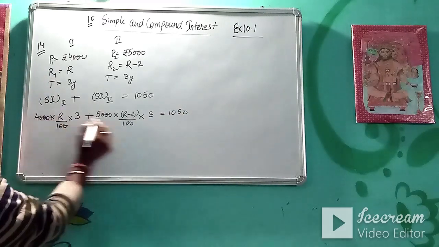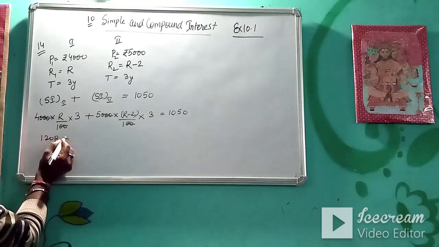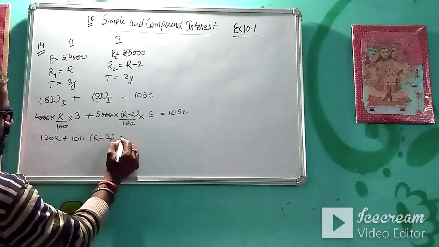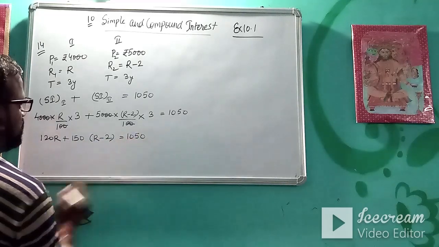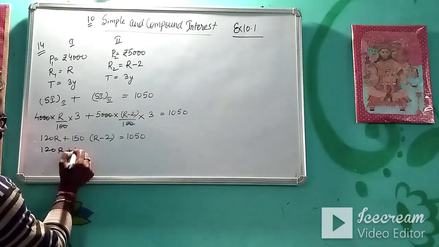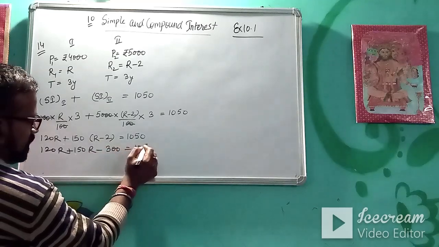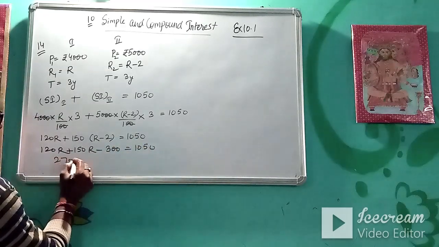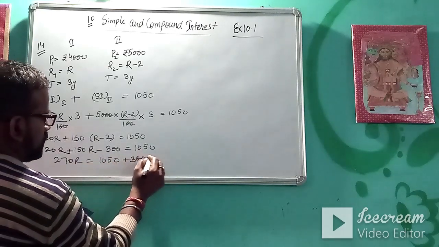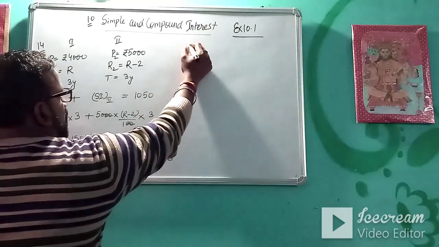So these two zeros will cancel. It will be 120R plus 150 into R minus 2 is 1050. Next we will solve: 120R plus 150R minus 300. So it becomes 270R equals, this 300 will come here, so it is 1350. So what is R?